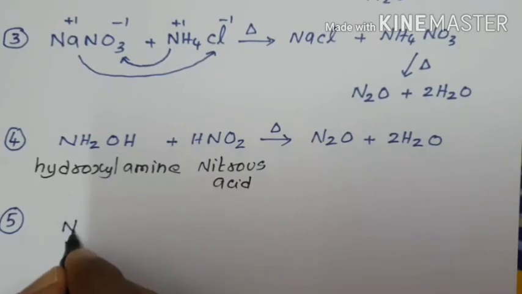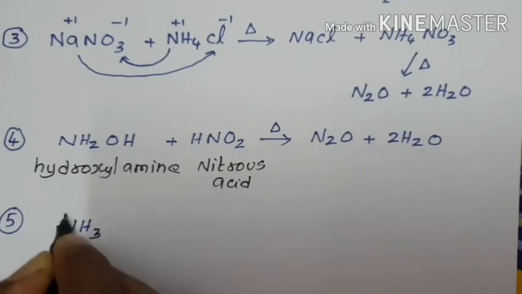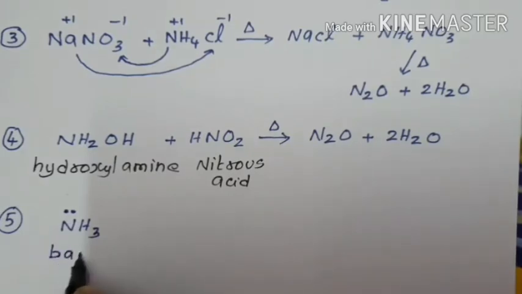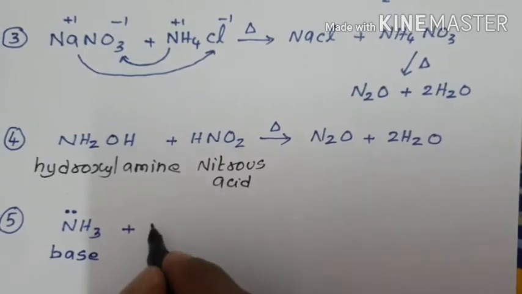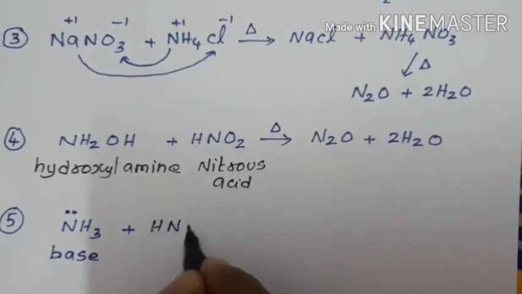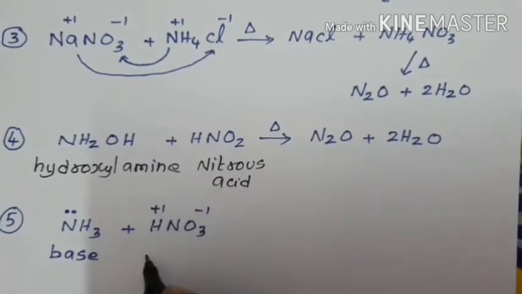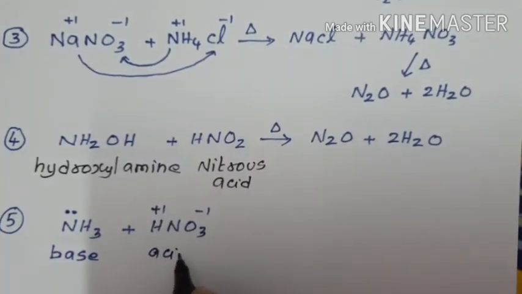Ammonia, NH3. Due to the presence of a lone pair of electrons, we know it is called a Lewis base. When treated with an acid, nitric acid, H plus NO3 minus, an acid reacting with a base gives a salt.